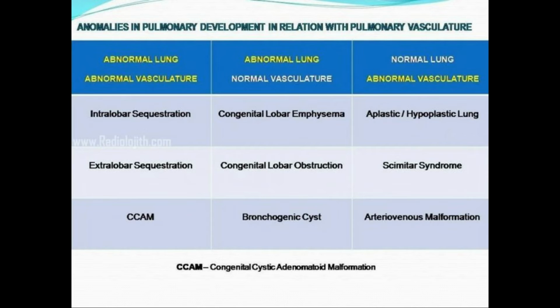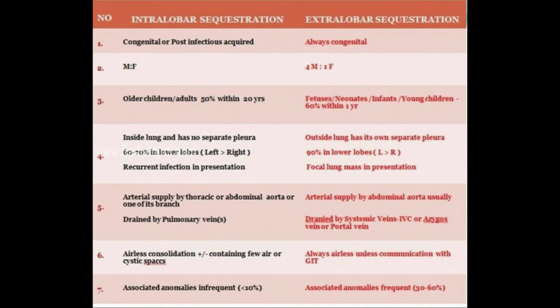So here we have got three types: congenital lobar emphysema, congenital lobar obstruction like bronchial atresia, and third one is bronchogenic cyst. Third one is normal lung with abnormal vasculature, which has got aplastic or hyperplastic lung, scimitar syndrome, and AVM.